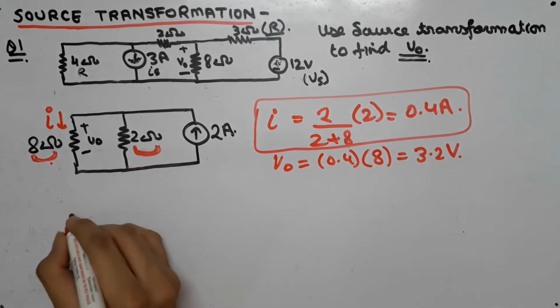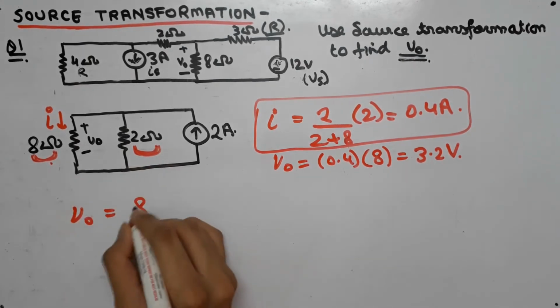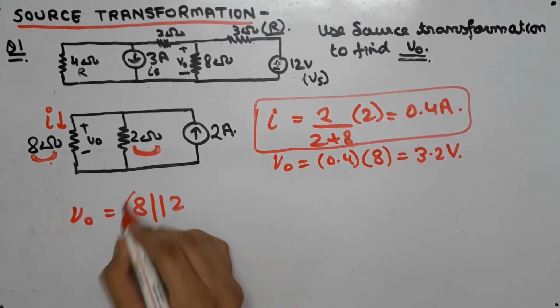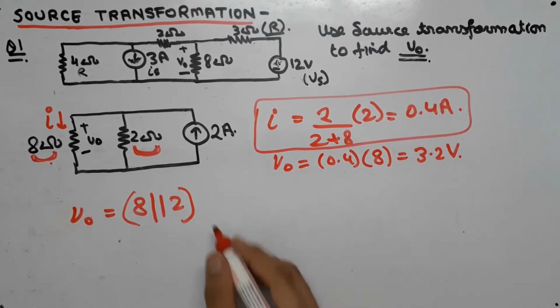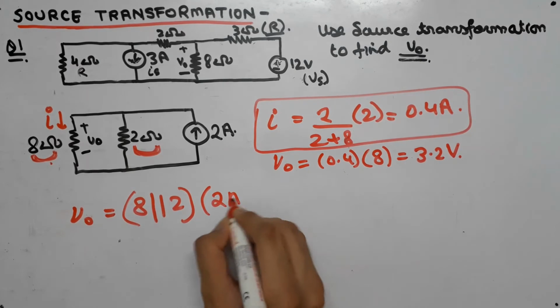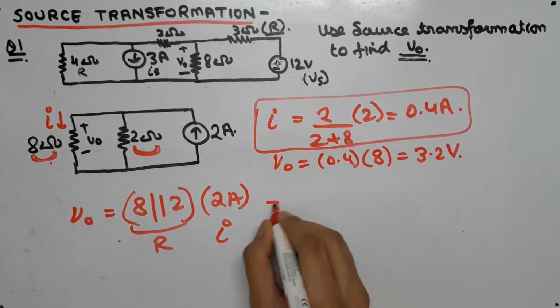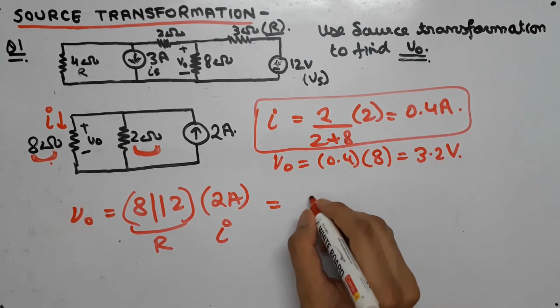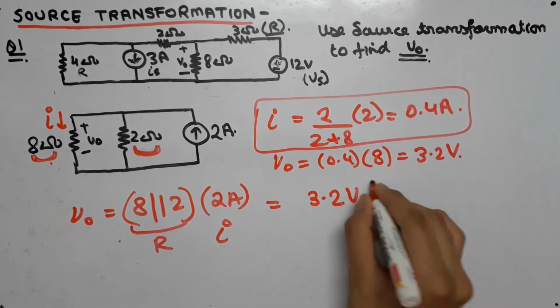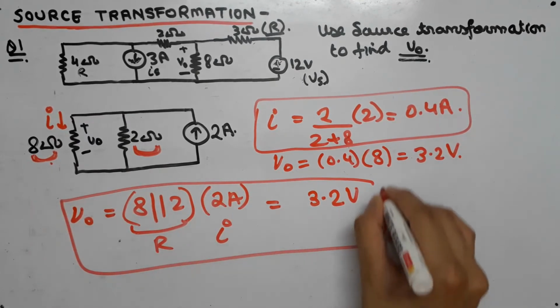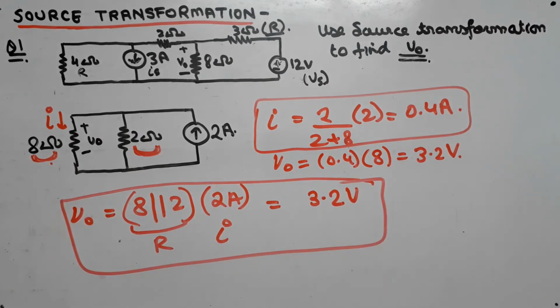That is, we will directly get the value of V0 as, first we will solve the 8 ohm resistor with the 2 ohm resistor in parallel, and then we will multiply it by the current. That is, this is R and this is I. The final answer will come out to be 3.2 volts. So we have found out the answer, that is V0 is equal to 3.2 volts by source transformation.